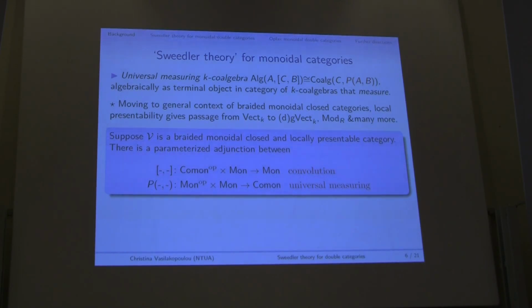So parameterized means that this is a family of adjunctions for a fixed monoid. You see, the category of monoids is shared in the domain of those two functors. Okay, so the existence of this adjunction really uses the fact that V is locally presentable, and for example, by the same fact, we can see that comonoids are locally presentable, and a locally presentable category is a great place to find an adjoint.